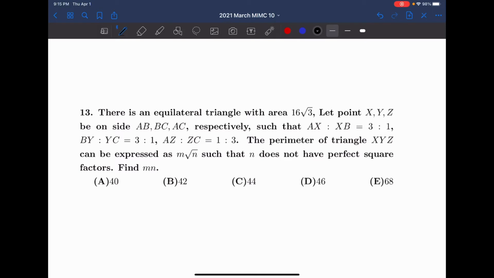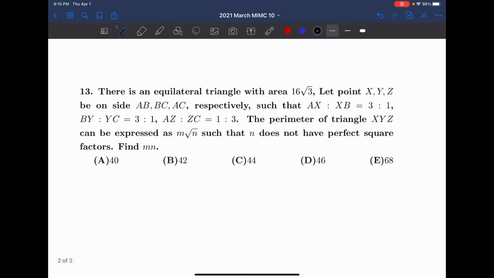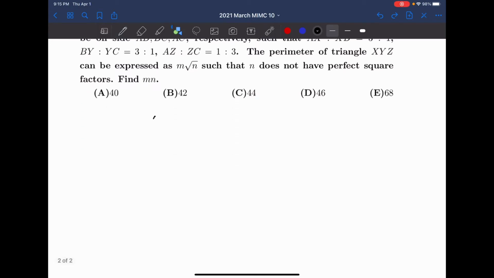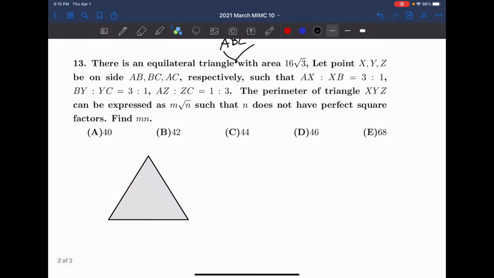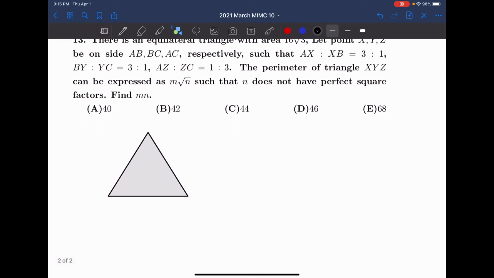In number 13, it states that an equilateral triangle, which actually should be ABC here, because there's ABC occurring afterwards, and let the points be on here. So we can draw a vague picture right now with an equilateral triangle. It's not the best, but you can just ignore it.